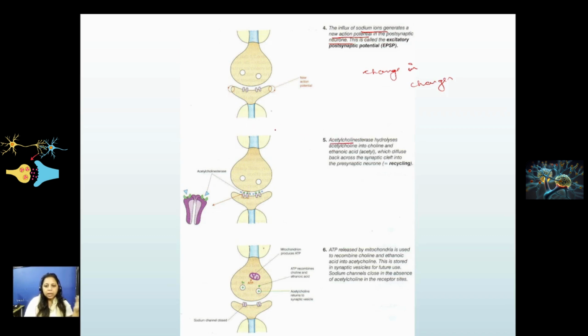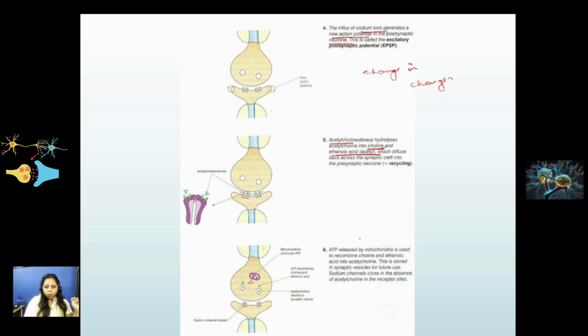Then what happened to acetylcholine? The acetylcholine basically is hydrolyzed into choline and ethanoic acid using an enzyme called acetylcholinesterase. You must know what esters are; you might have read about them in organic chemistry.